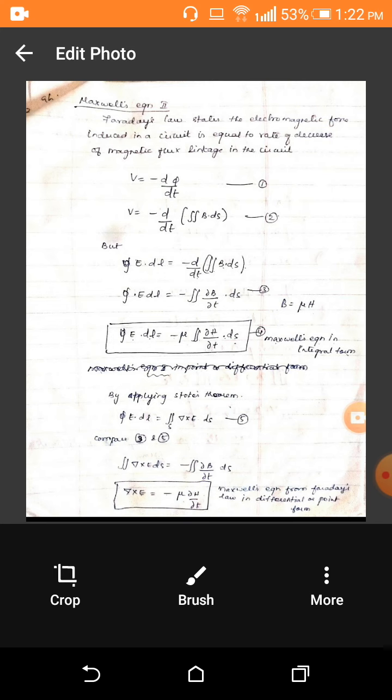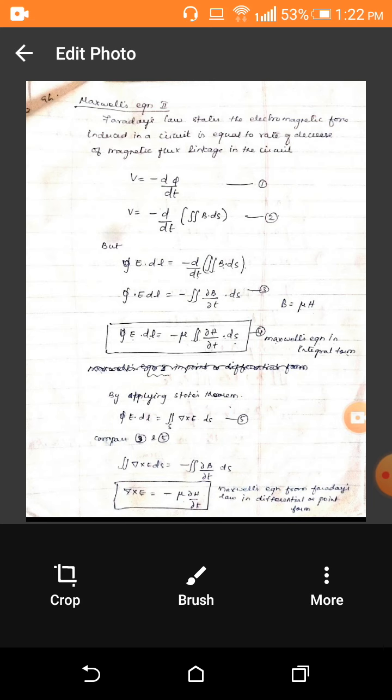Substituting this in the previous equation, you get double integral del cross E dS is equal to minus double integral ∂B by ∂t dot dS. Cancelling the surface integral on both sides, you get del cross E is equal to minus μ ∂H by ∂t, which is nothing but the Maxwell's equation in differential or point form derived from Faraday's law.